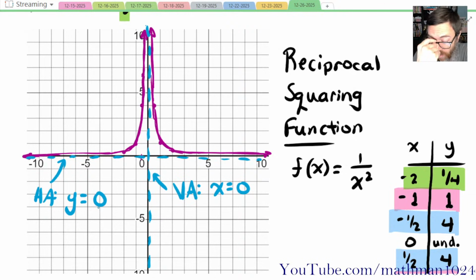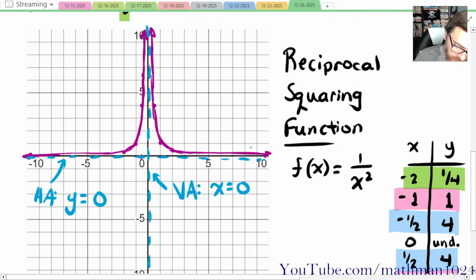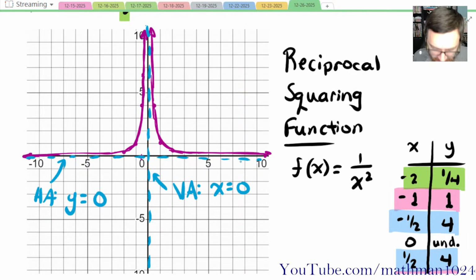But the asymptotes, I mean, they're lines, right? And what we know about lines is that they go forever and ever in both directions, right? So even once we go off of this grid, they're still going on. And especially when we're looking at end behavior, as I go out here to the right, the distance between the graph and the asymptote is going to get smaller and smaller and smaller as your function gets closer and closer to that asymptote.